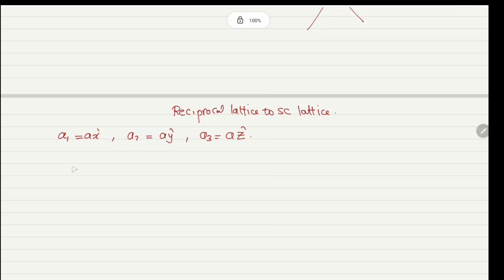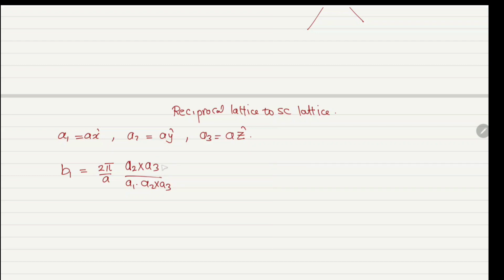Now, the primitive vector in reciprocal space B1 is equal to 2 pi times A2 cross A3 divided by A1 dot A2 cross A3.